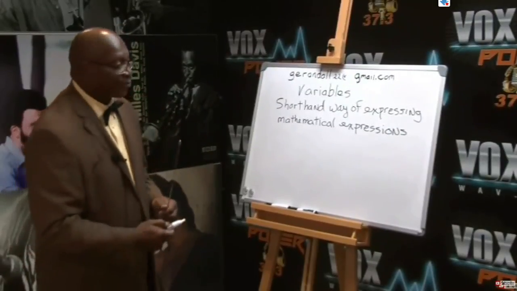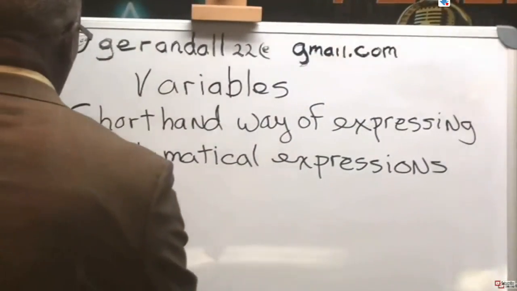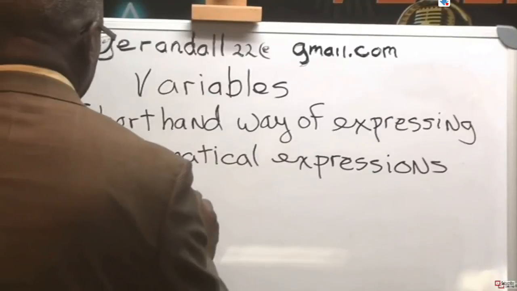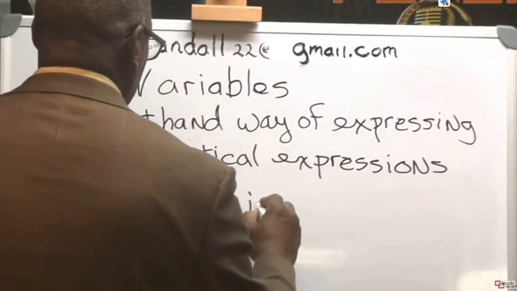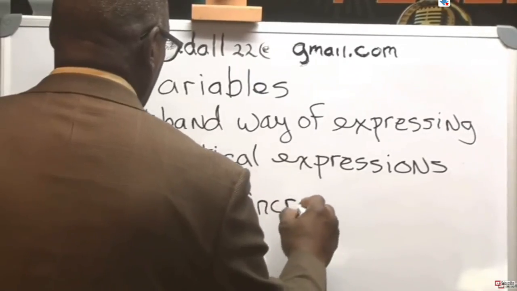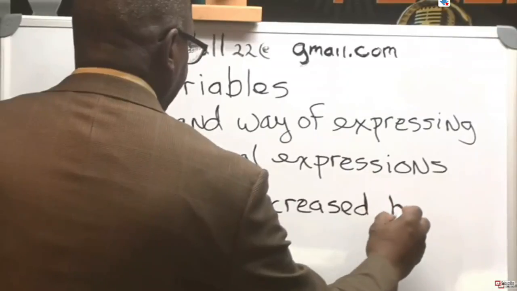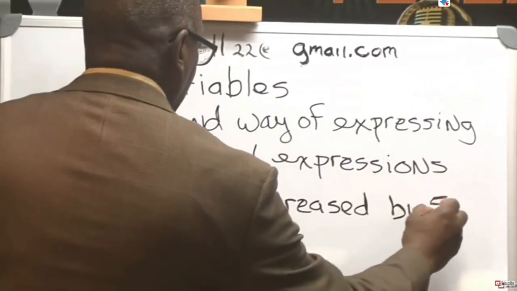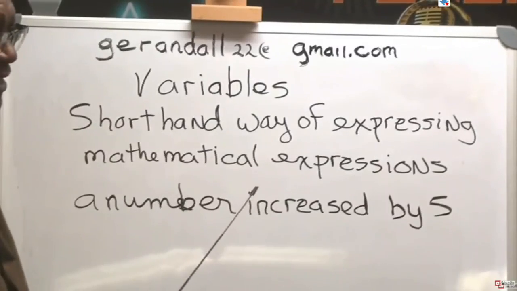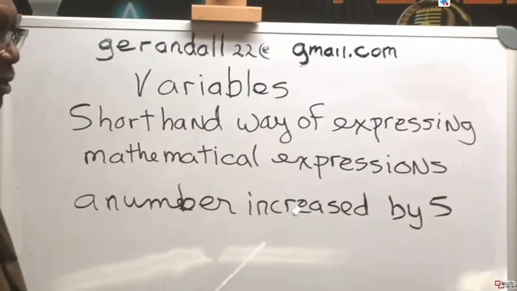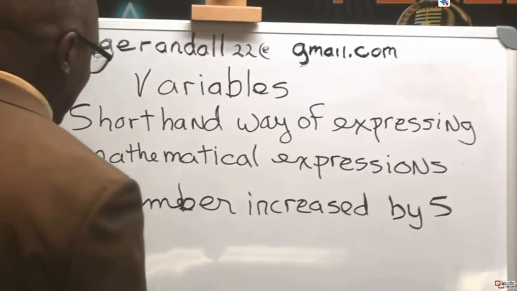For example, a number increased by 5. And again, the variable can be used A through Z. I don't expect you to use the letter X because you might get it confused with multiplication.